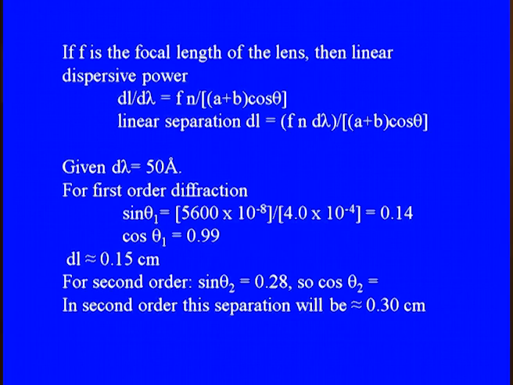Similarly, for the second order we can calculate sin theta 2, then find the corresponding value of cos theta 2, and after substituting in the above equation we can find the value of dl. So, dl comes out to be 0.30 centimeters.